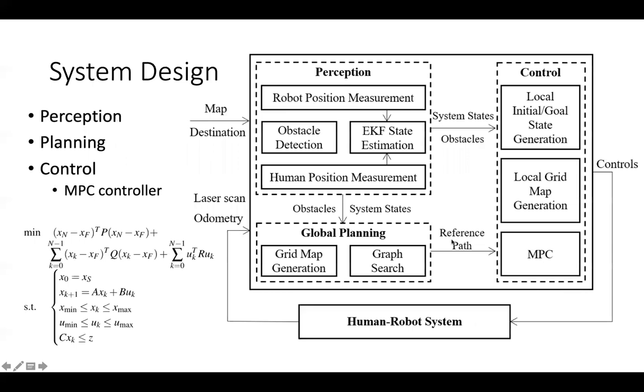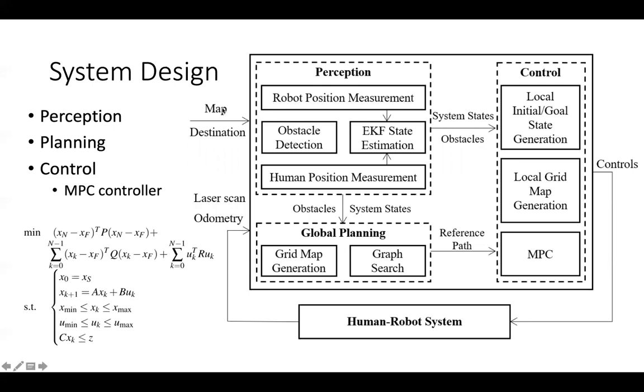Then we move to system design. The system has 3 components: perception, planning, and control. For the perception module, the inputs are the pre-scanned map and the destination. And the robot position measurement is from the AMCL algorithm.